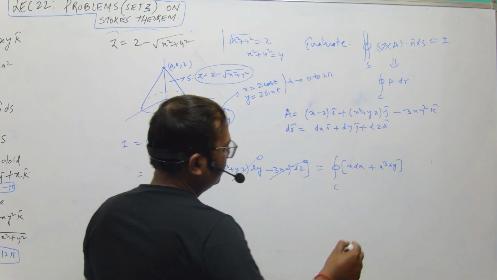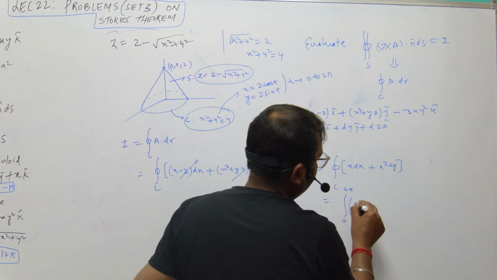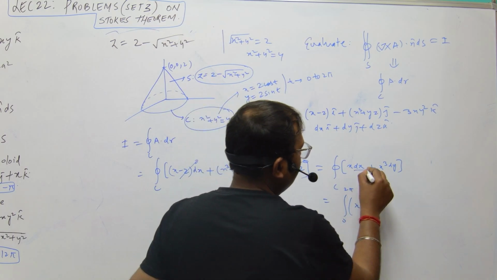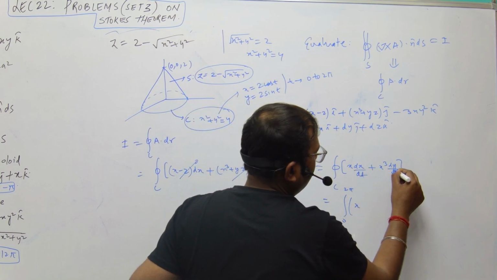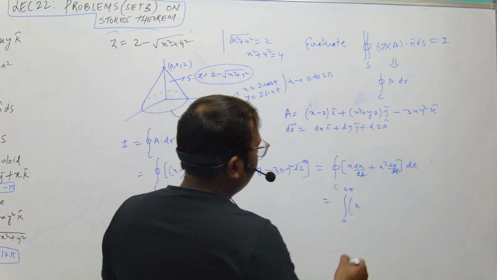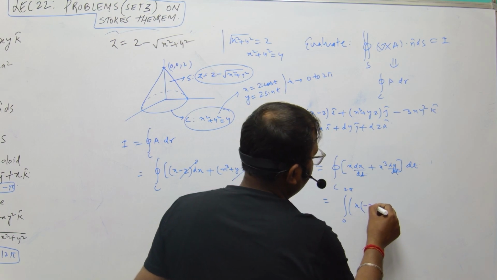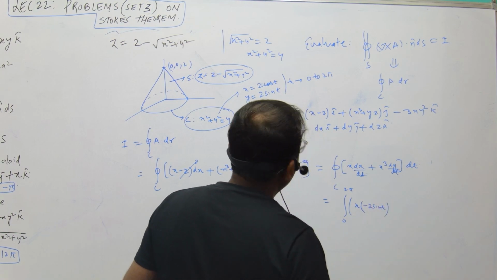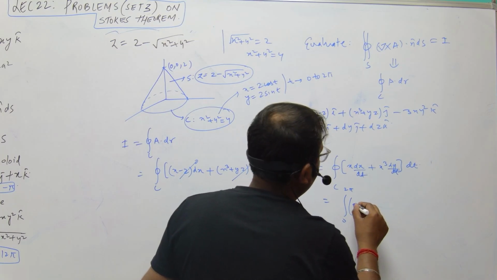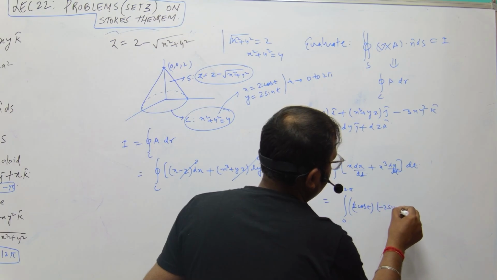So this is the integral from 0 to 2 pi of x times dx by dt, plus x cube times dy by dt, all multiplied by dt. Here x is 2 cos t and dx upon dt is minus 2 sin t.